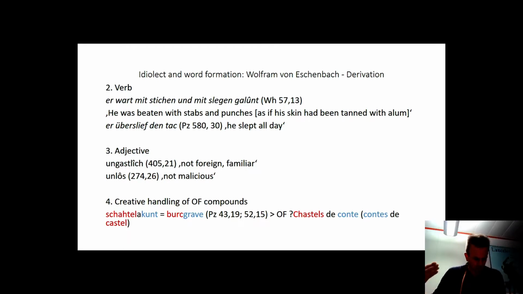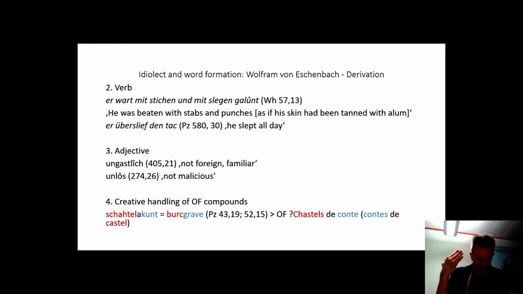Galunen, which means to beat it through as if you were tanning it with alum, or the prefixation überschlafen, to sleep all day, which probably has to do with the fact that the system itself is quite creative here, which leaves little room for idiolectal innovation. Wolfram's neologisms in the field of adjective derivation make particular use of the suffixes lich and bere and the negative prefix un. You see some examples: ungastlich, unlos.